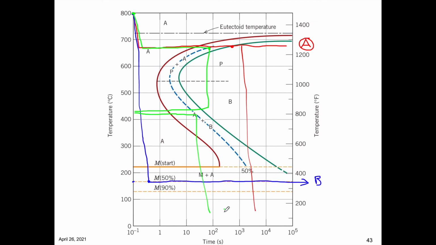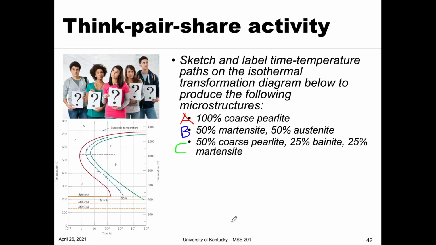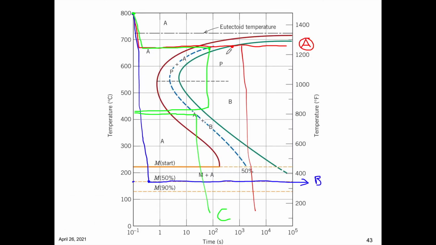So this is C. That one's a little bit complex because we have the multiple components there. So that's how we get each of these microstructures here from the isothermal transformation diagram of this eutectoid steel.